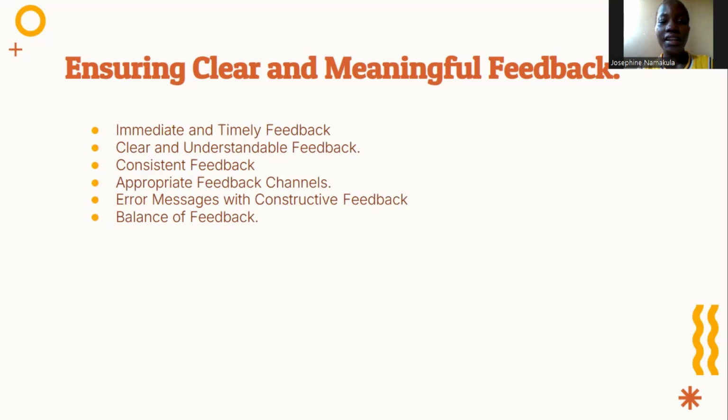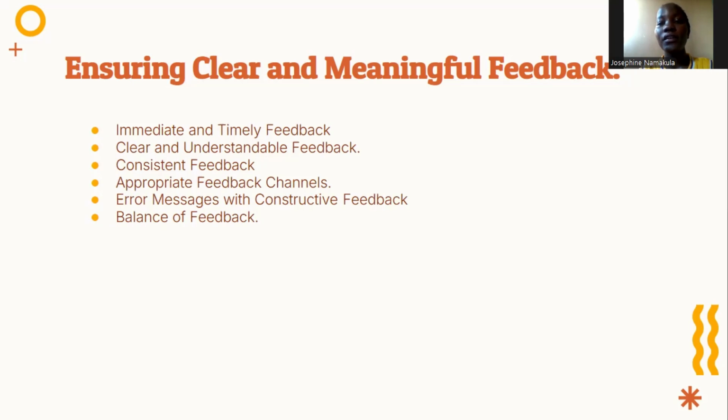So there is clear and understandable feedback, where feedback should be easy to understand and appropriate to the context. So users should know what went wrong without needing to decode the feedback.